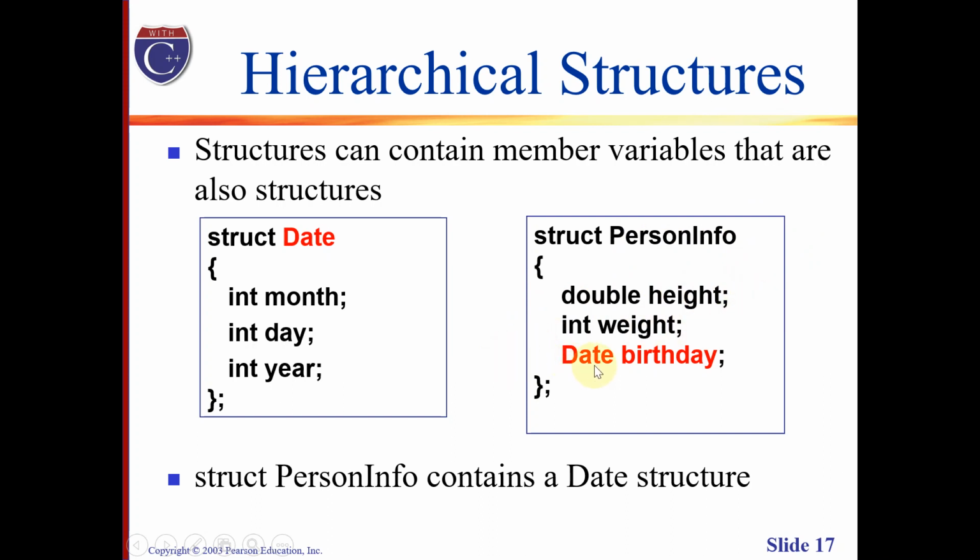And let's take a look at this one. As we can see here, one of its member variables is actually of type structure. This example demonstrates how we can implement hierarchical structures, in this case, a structure within another structure.